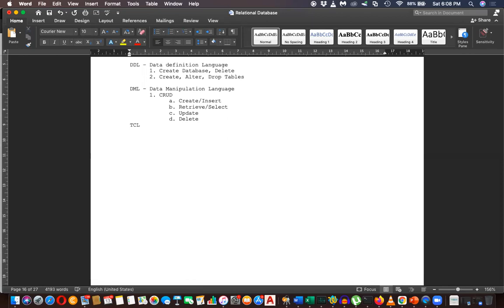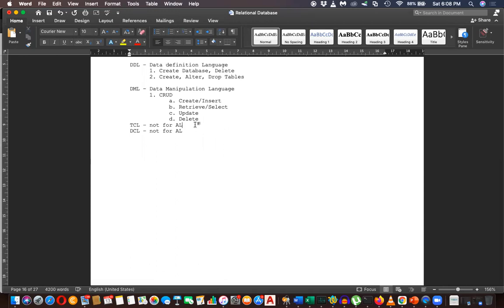But TCL is not there for A levels. For A levels, you should know DDL and DML. DCL, data control language, is also there. That is also not for A levels. But it is better to have an idea about transactions.